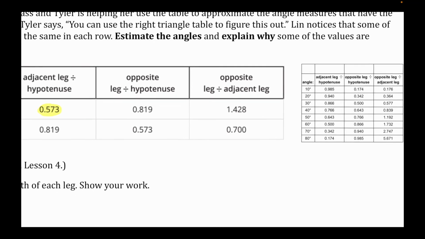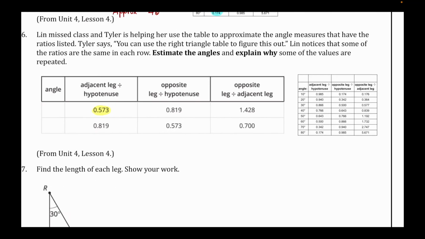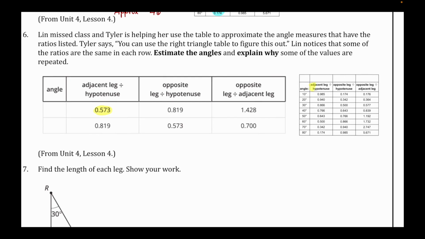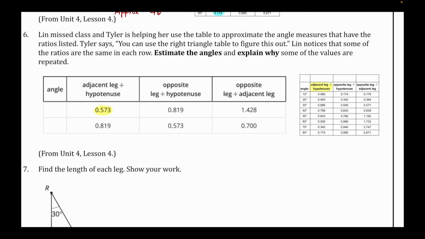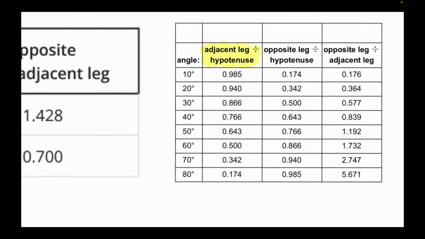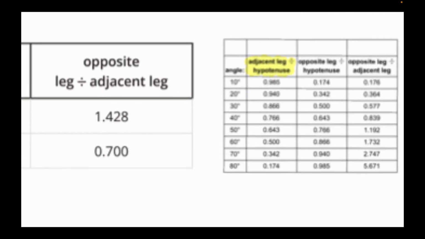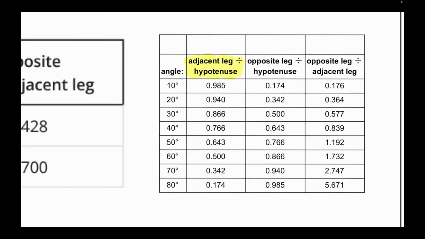So 0.573, and that was adjacent over hypotenuse. So we're looking in this column for adjacent over hypotenuse. 0.573. Okay, so 0.573 is going to be in between these two right here, in between 0.5 and 0.64.